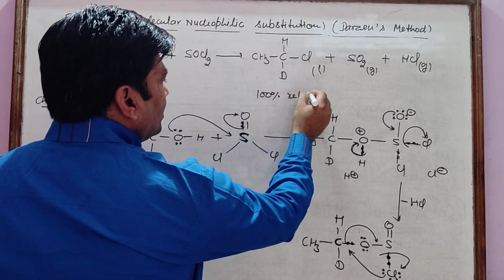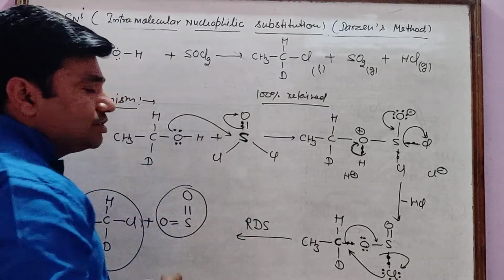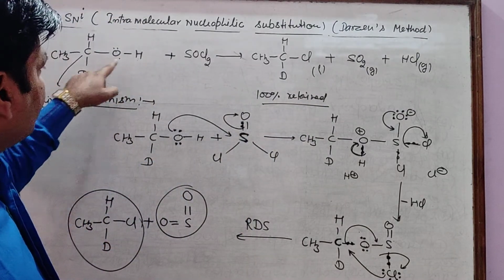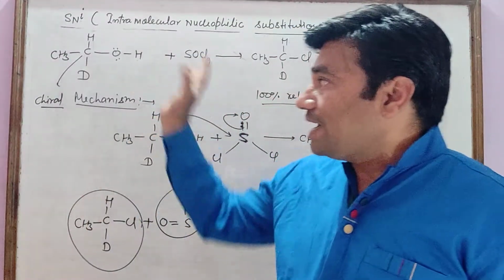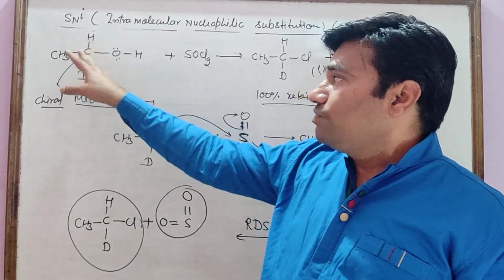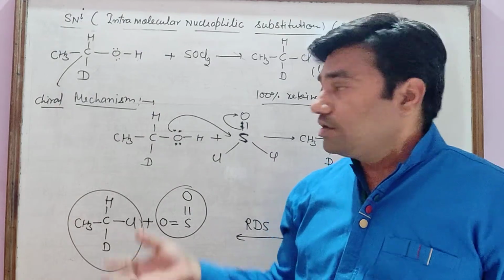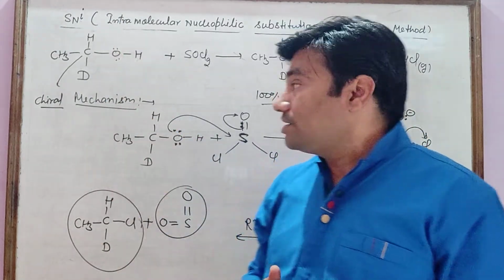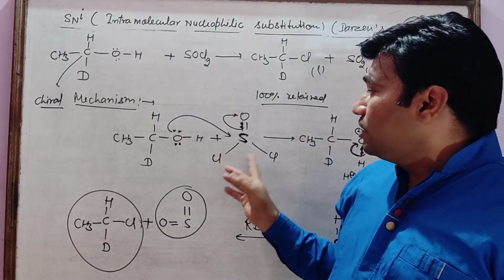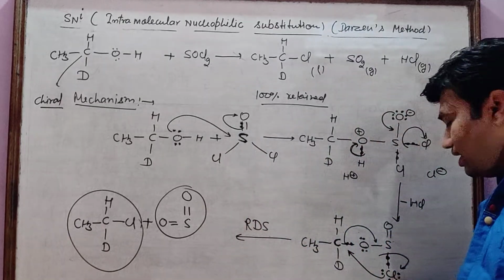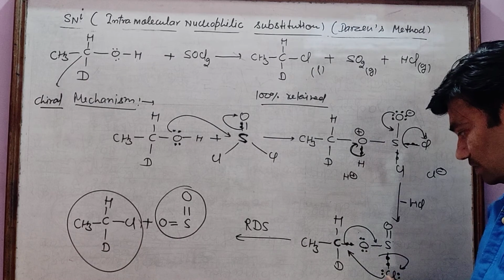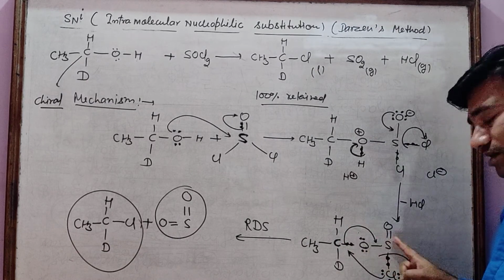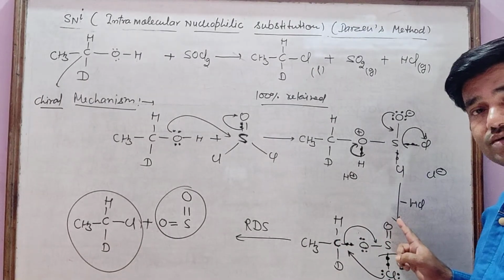In stereochemistry, if the chlorine atom comes towards the back side of this carbon atom, you will get an inverted product, right? The configuration will be inverted. But in this condition, you will get a retained product because the chlorine atom attached to the carbon atom will attack on the same side where this oxygen atom is going out, right?